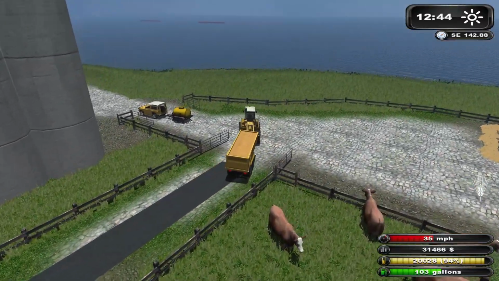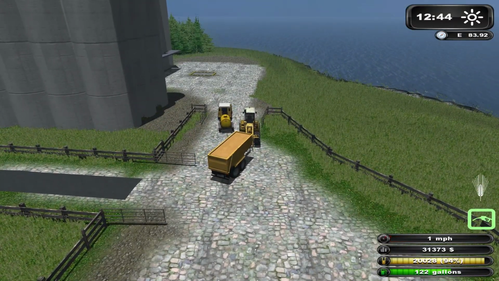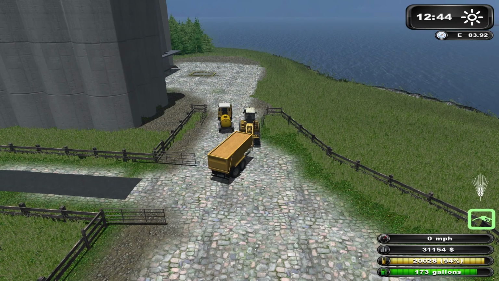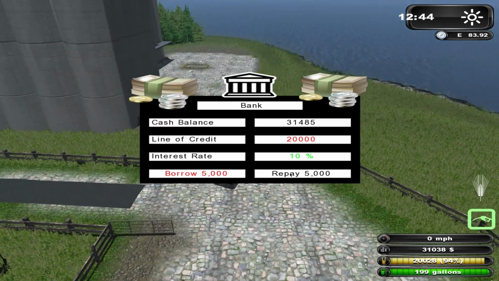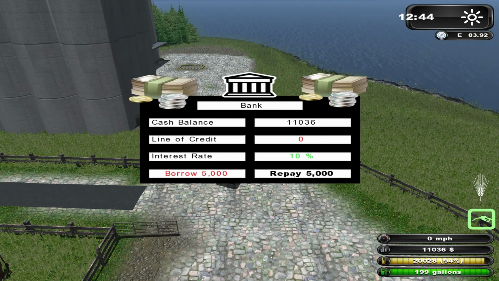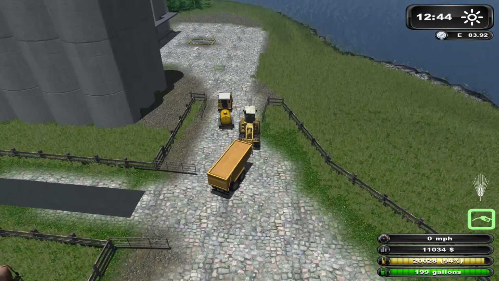Taking it to market, and while I'm here, I'm just going to load it up. It's going to cost an arm and a leg, but it is what it is. And you know what? Why don't I repay my debts? There is no point paying interest if I don't have to.